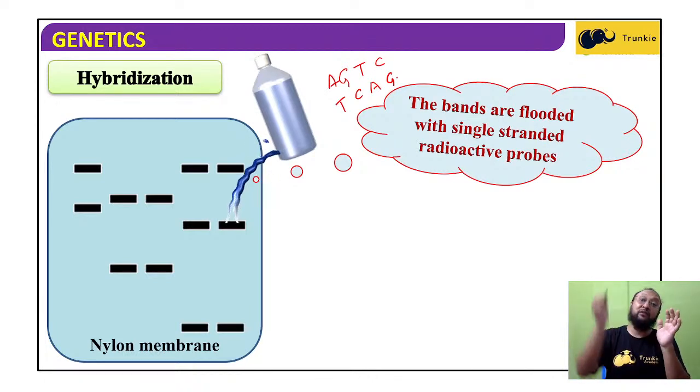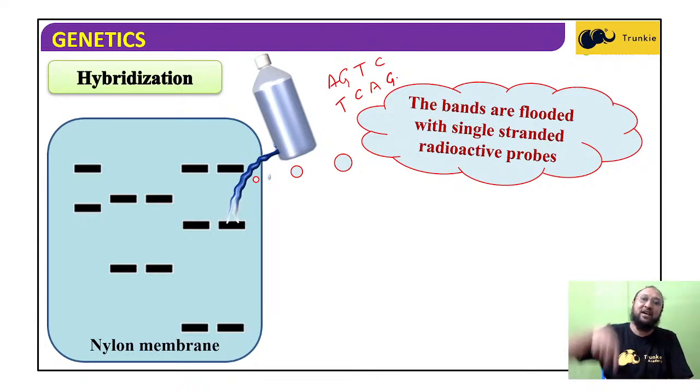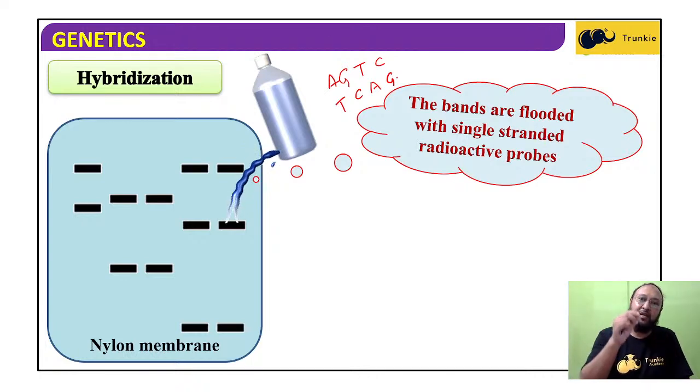Then again they are flooded with the single stranded radioactive probes, which are the known ones, to find out how it is going on. So we are providing the bands on the nylon membrane with single stranded DNA labeled with radioactive substances.